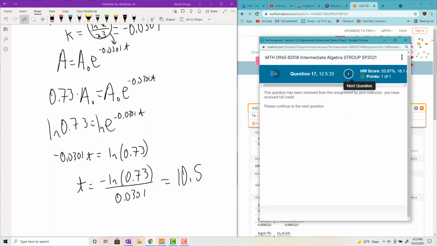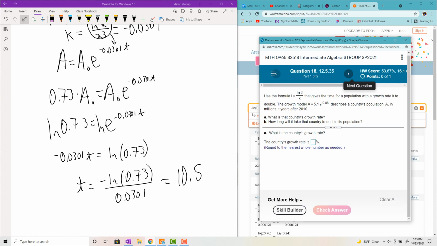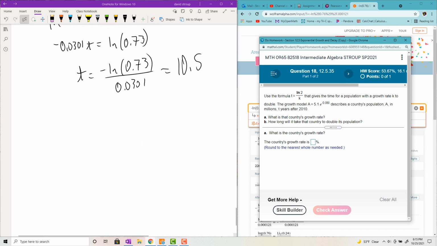Let's see what else we have in store for you. Some more stuff. There's doubling time in addition to half-life. So problem 18, the growth model A equals 5.1 e to the 0.06 t.